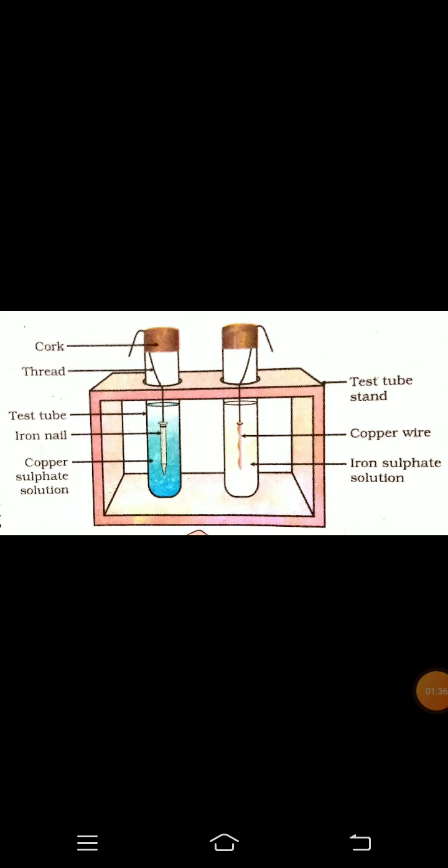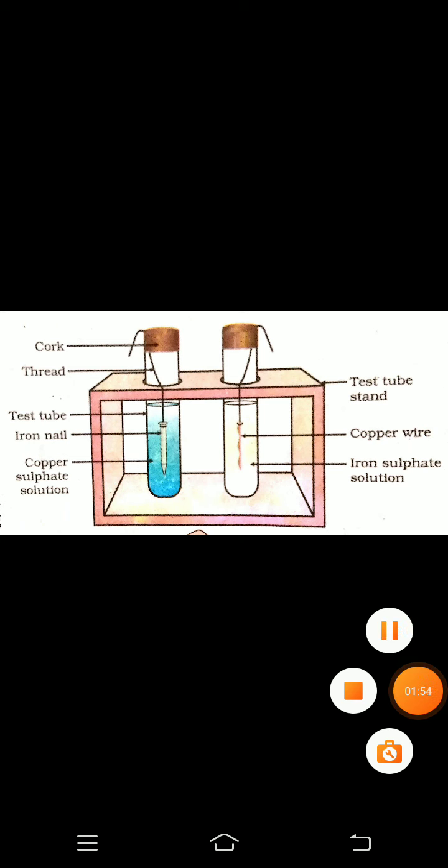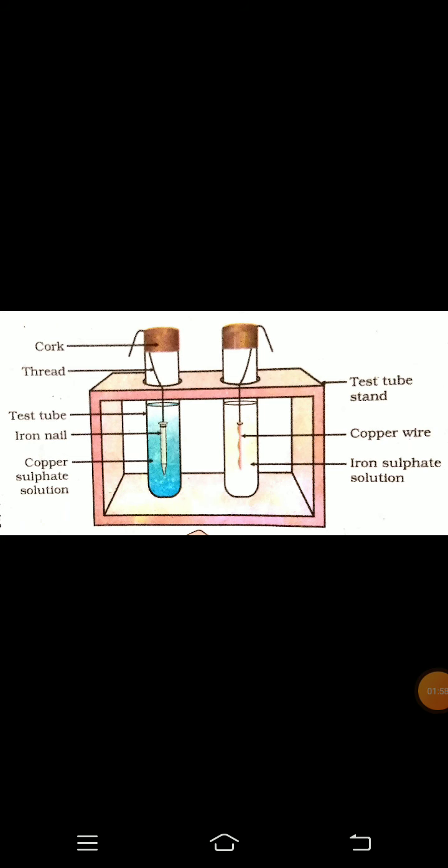What will we observe? After 20 minutes, we will observe that copper sulfate solution, which was blue in color, will become green in color. Also, the iron nail will get a brownish coating on it.